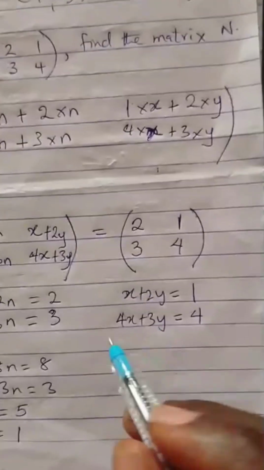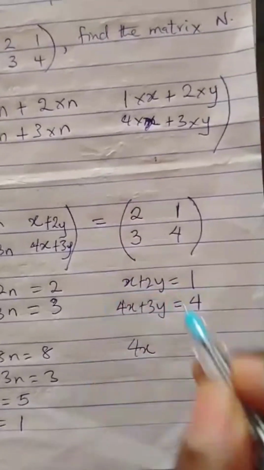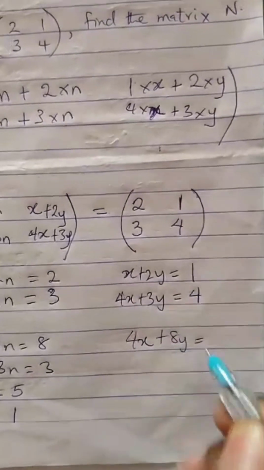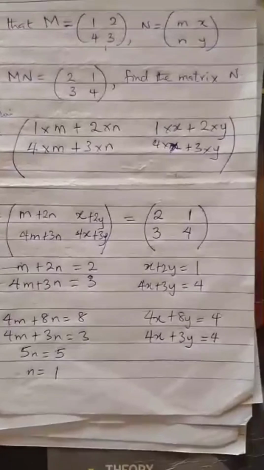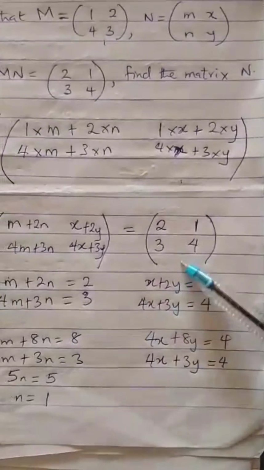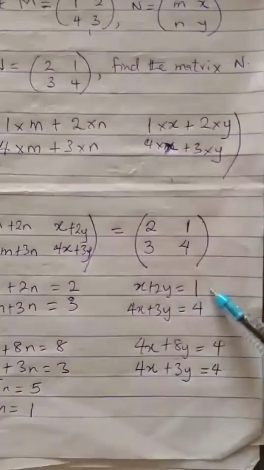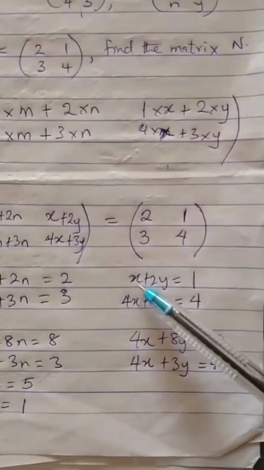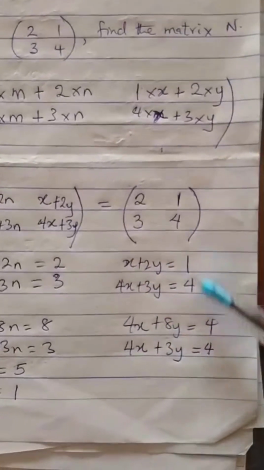Do something similar here. Multiply equation 1 by 4. So 4x plus 8y is equal to 4. I've done something similar with this pair of simultaneous equations. So this becomes 4x plus 8y, 4 times 2 is 8y, 1 times 4 is 4.